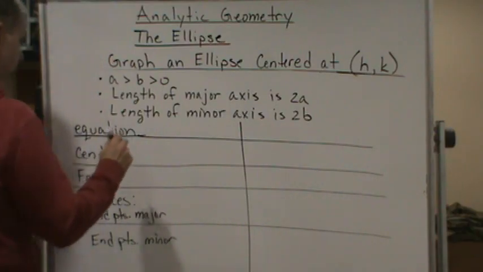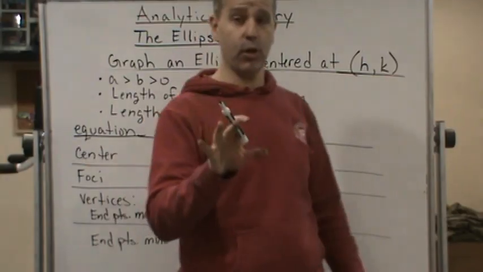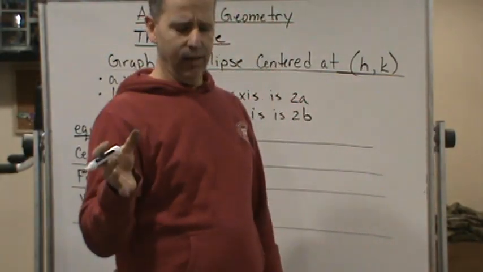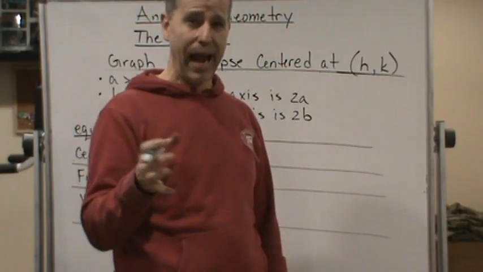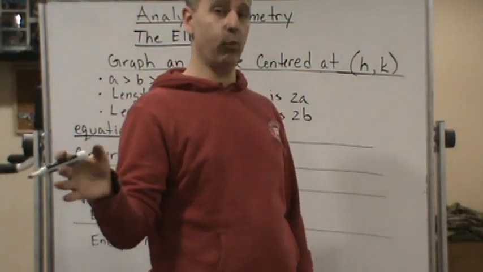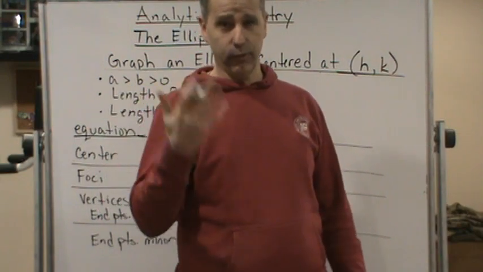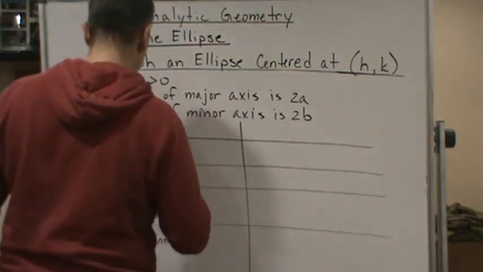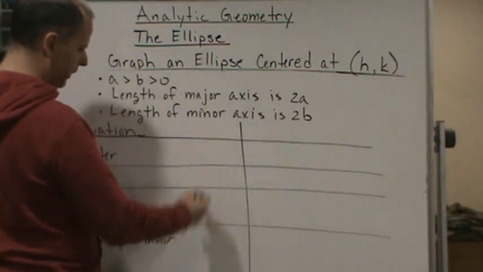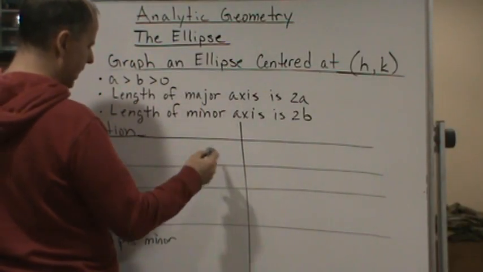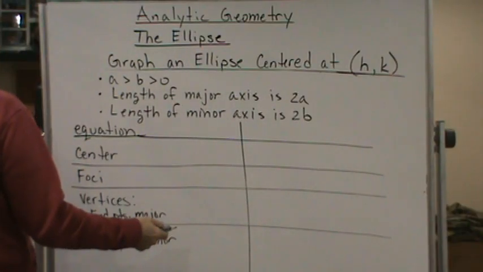Okay. So the equation we're going to do now that we're not at the origin, we're not going to talk about the x-axis versus y-axis as far as the major and minor axes. We're now going to look at whether the major axis is the horizontal axis or the vertical axis. On the left side, this is going to be if the major axis is horizontal.